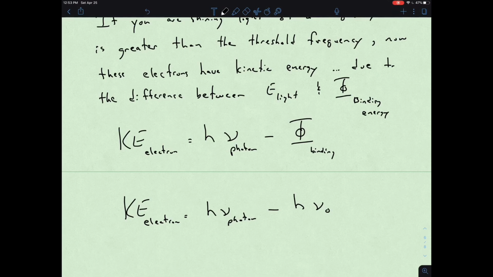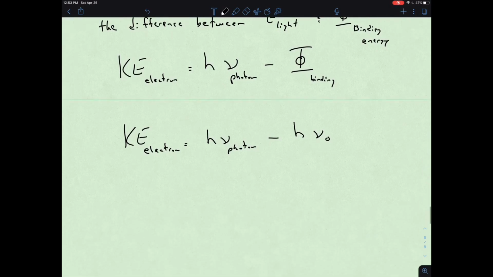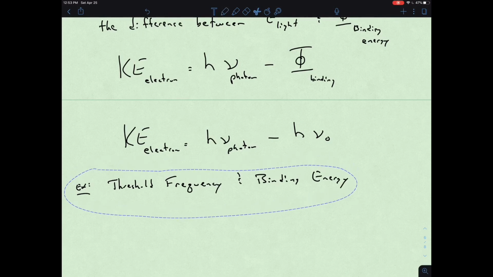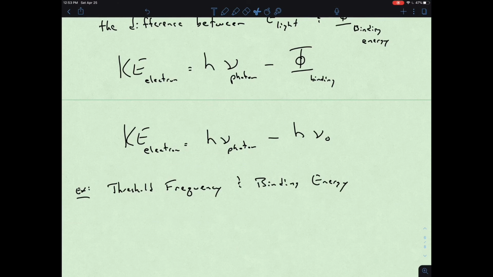So let's look at an example of this idea of threshold frequency and binding energy. Our example is as such, right?